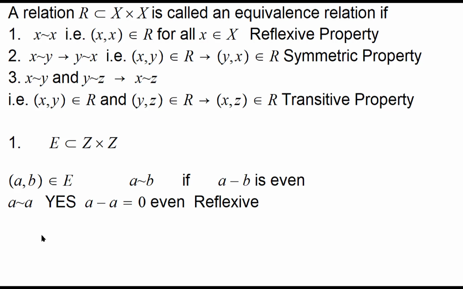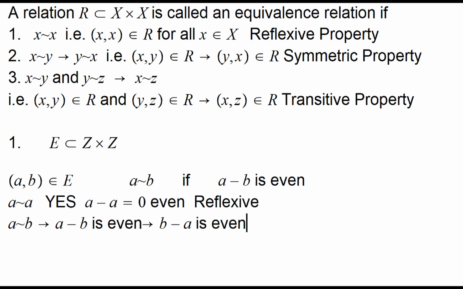So say we take A and B, any two elements that are related. What would that give us? That A minus B is an even number. Now, if A minus B is even, then its negative, B minus A, will also be even, right?